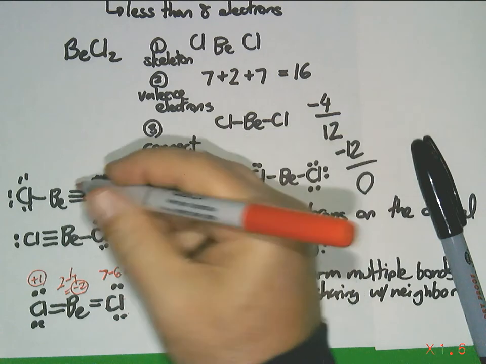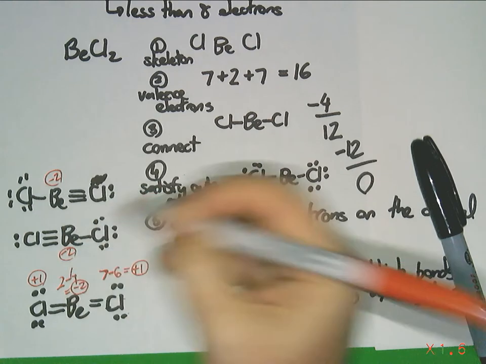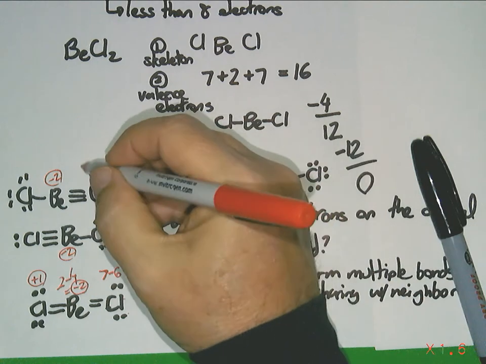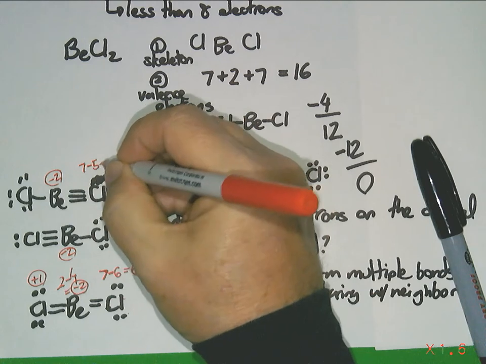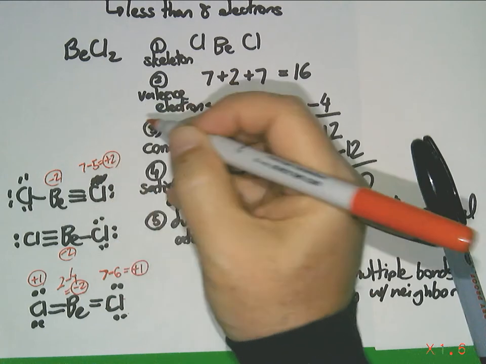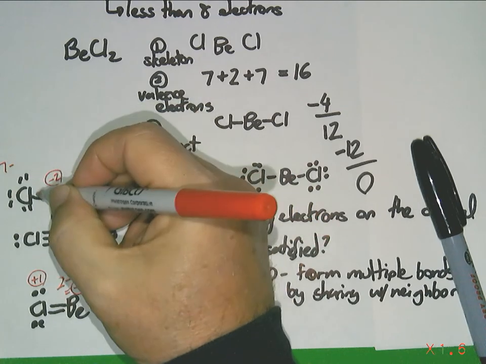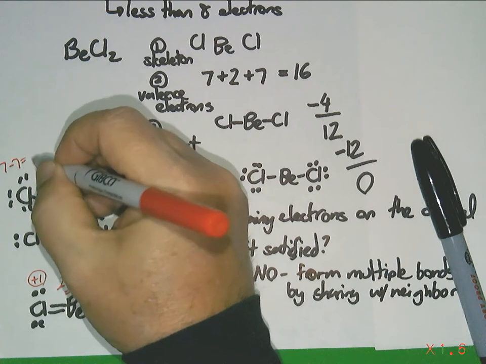You're still going to have a minus 2 formal charge on the beryllium for each of these. You're going to have what kind of charge on this? 7 minus 5 sticks and dots is a plus 2. And then this one's going to be 7 minus what? 1, 2, 3, 4, 5, 6, 7 is 0.